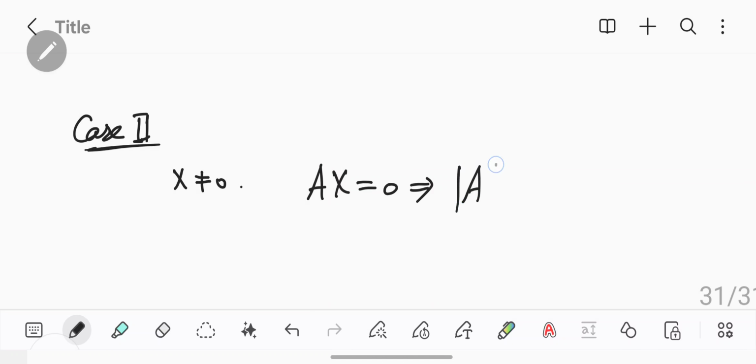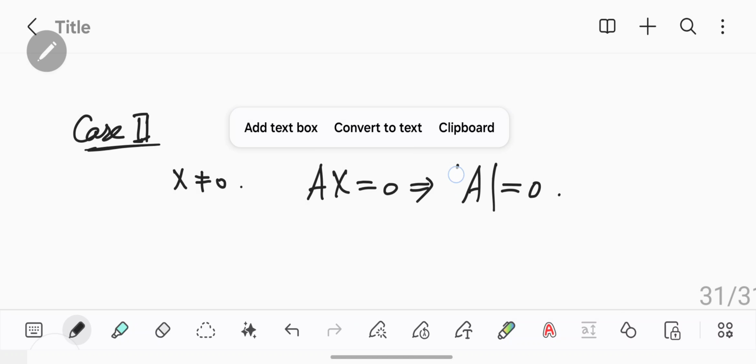Because if the determinant of A were not 0, then their product would not be 0. Since the product of both of the matrices is 0 and x is not 0, therefore the determinant of A has to be 0. Otherwise, this thing will not be true.